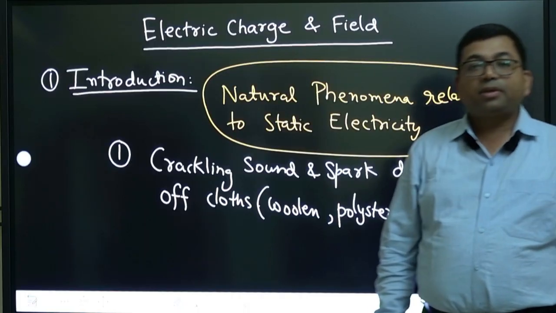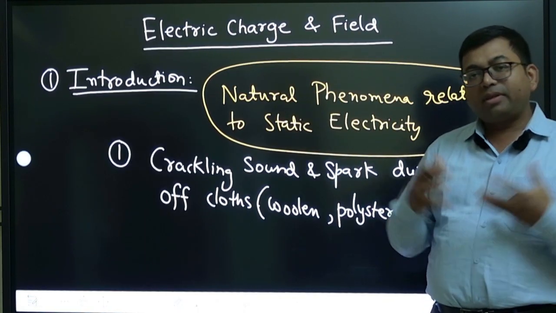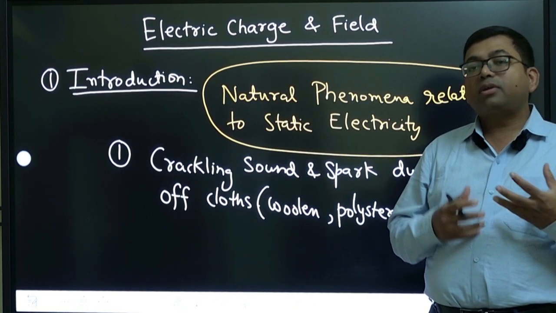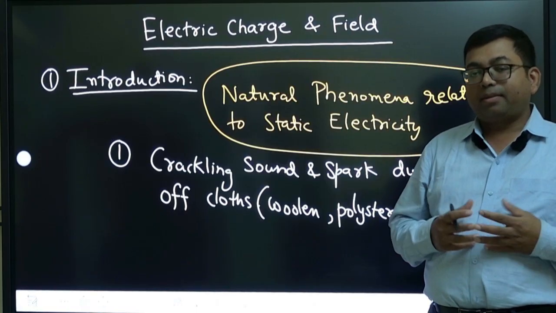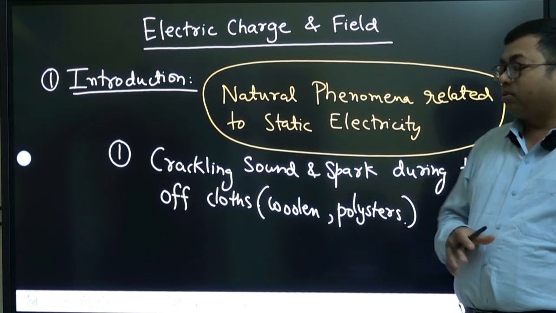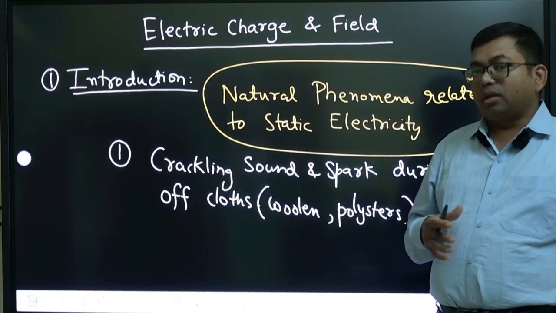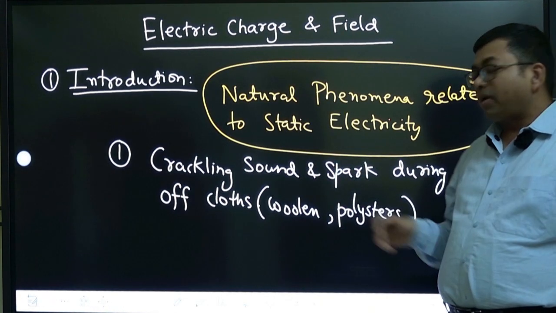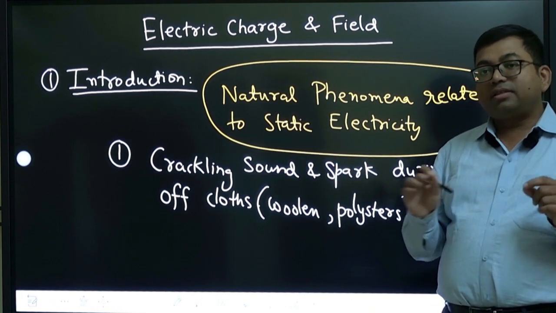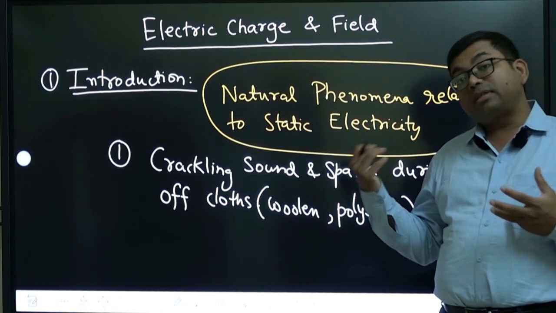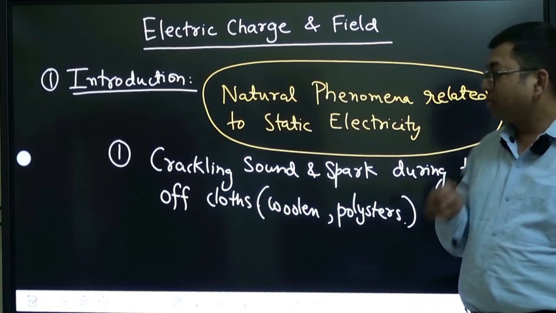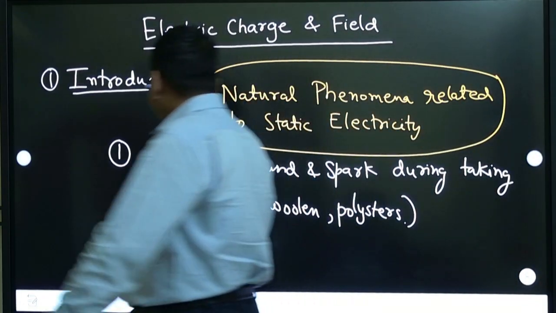When such clothes rub against our body, there is friction, and because of friction charging happens, right? Now the question is, charging happens, but how are the sound and spark produced? That is a phenomenon. We'll try to understand what is happening inside it, and what physics is used there. Okay, this is one phenomenon.